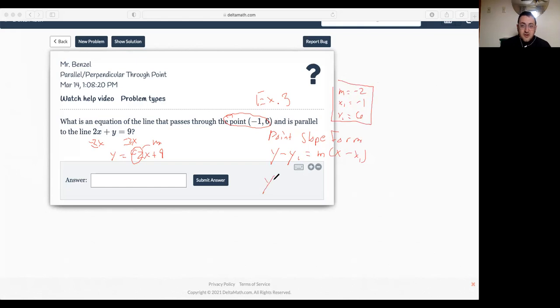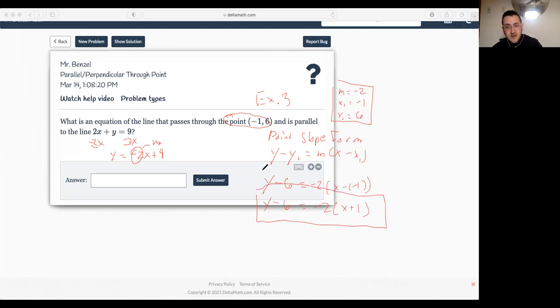And my equation would be y minus 6 equals -2 times x minus x1. So that's a negative of a -1. And we can just clean that up a little bit. So I have -2 times x plus 1. And Delta Math would fully accept this answer.